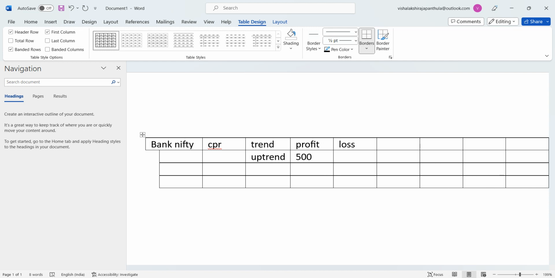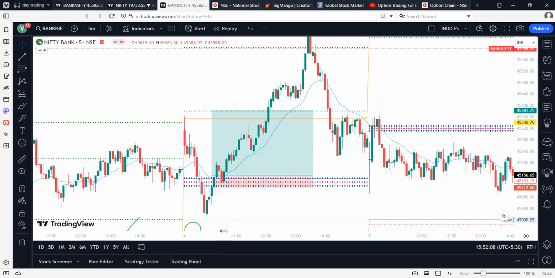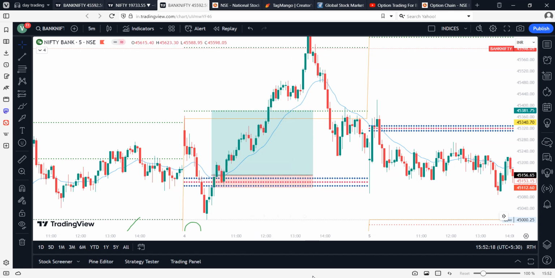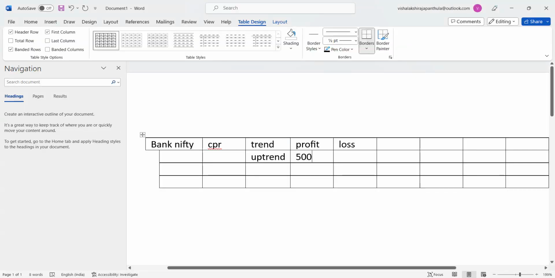When you are trading with one lot and risking around 20 points, that means you are going to get 500 in Bank Nifty. If it gets lost, you're going to get 500 loss. If you're getting profit, 500 into 5 because this is 1:5 risk reward, 2500 rupees. Okay, the profit on this day is 2500.